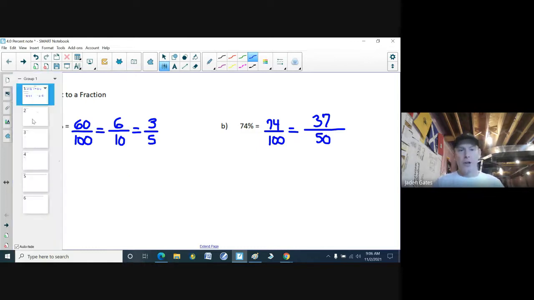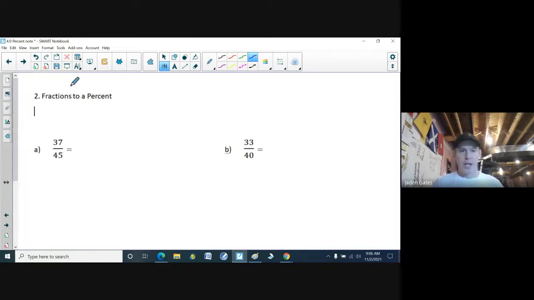All right, other conversions for percent. We can go the other way, fractions to a percent. This is a classic example of when you have something in school, say you get 37 out of 45 or 33 out of 40. Again, what we do is we convert it to a percent so that we can compare them, because they're out of different amounts.